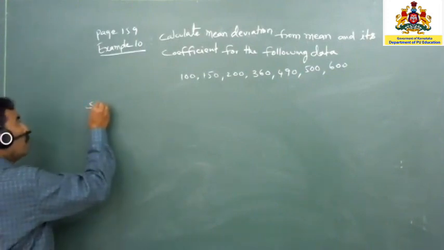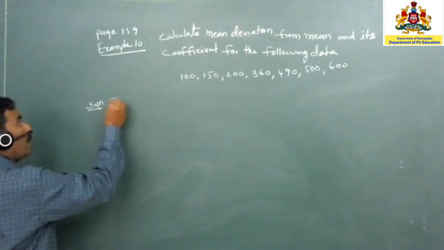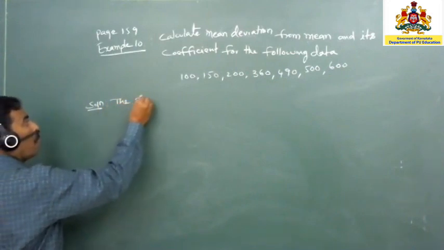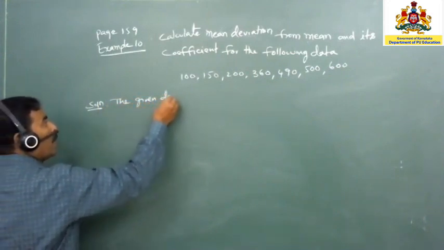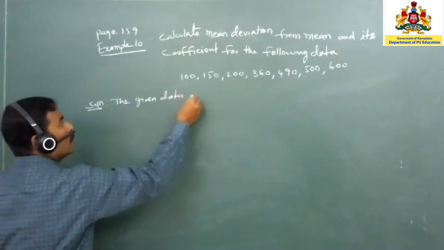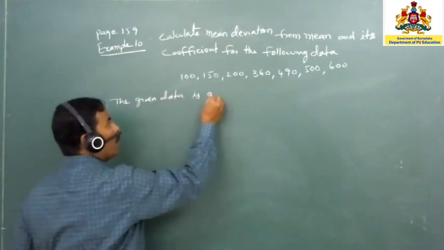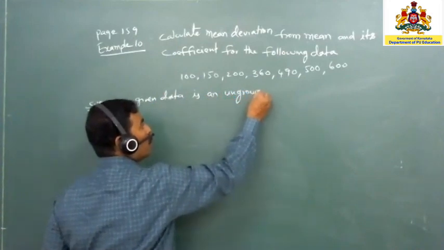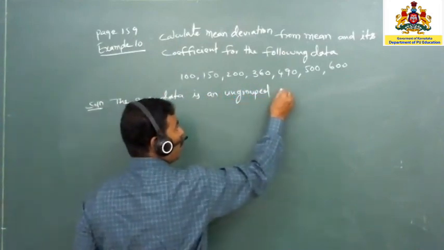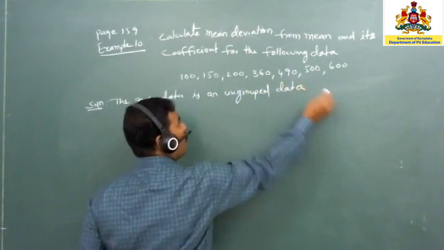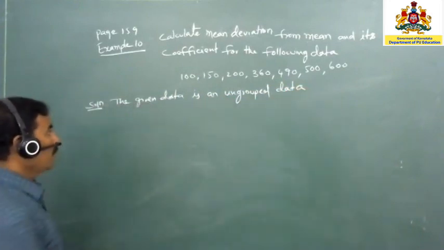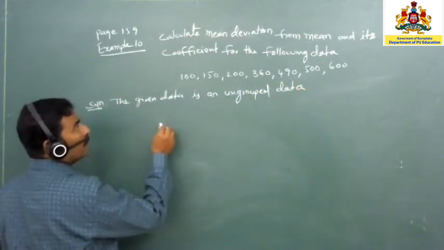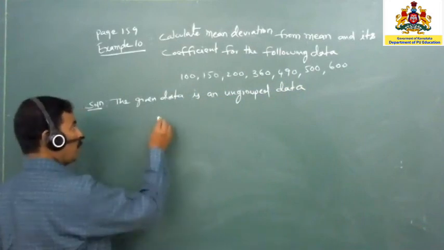Solution. The given data is ungrouped data. First you should identify the type of the data. Once identified, we need the mean formula for ungrouped data.